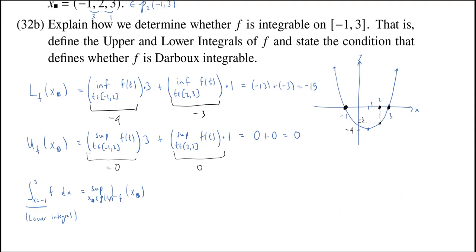All right, and then the upper integral is defined in almost the same way. So I want to go from -1 to 3. I use an overline, so this will be the upper integral of f dx. And this is defined, instead of the supremum, as the infimum over all partitions P from -1 to 3, but now of the upper sums for f.